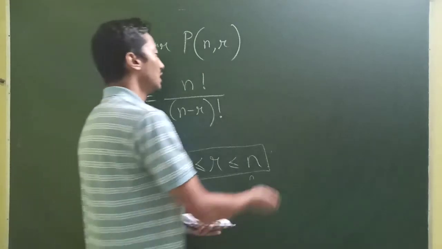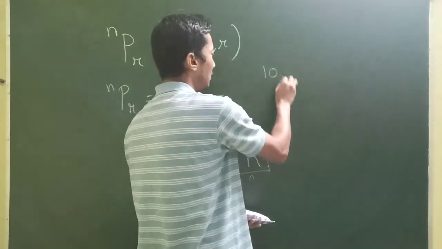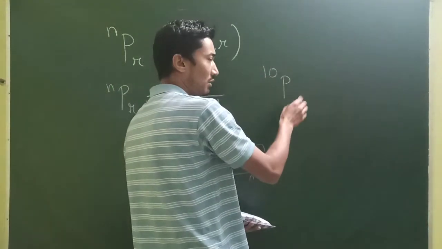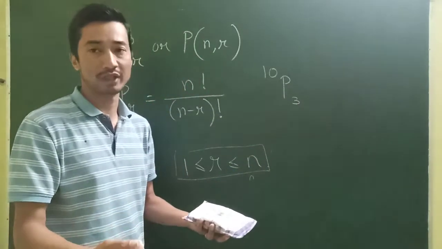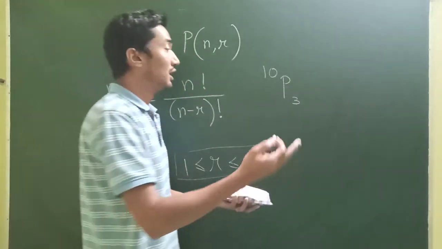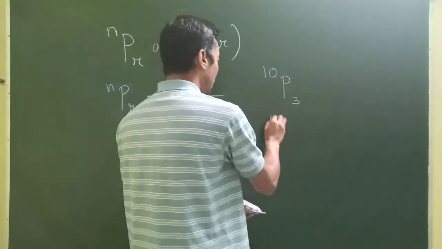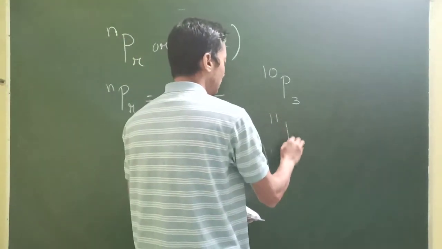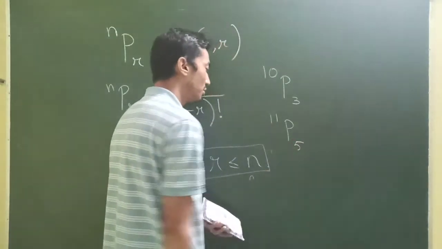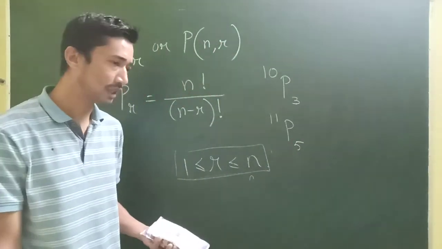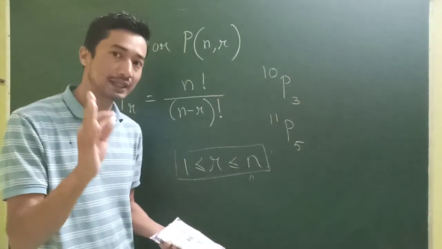For example, if you have 10 benches, I can tell you, okay, you have 10 benches, take 3 at a time and arrange them. In how many ways can you make the arrangement? Maybe I have 11 balls. I can tell you, okay, you have 11 balls, you make groups of 5 at a time. Now these are all practical questions, but now think.